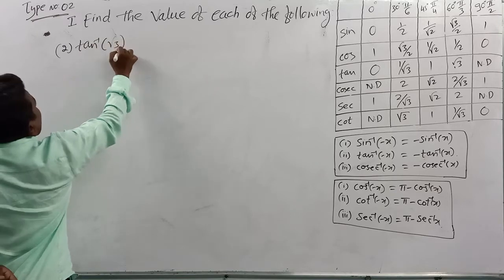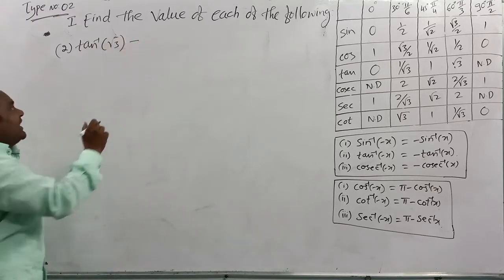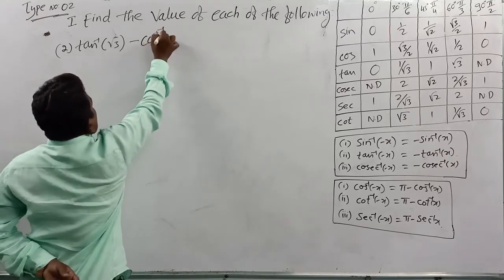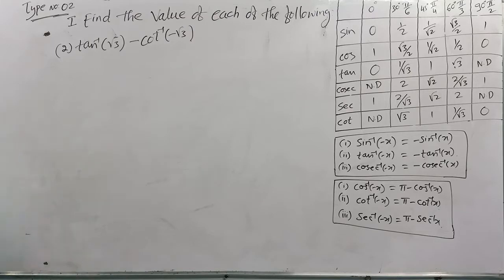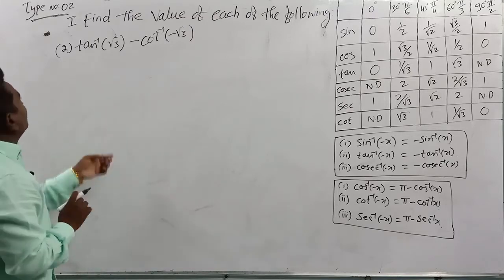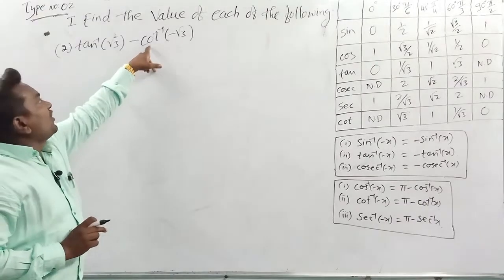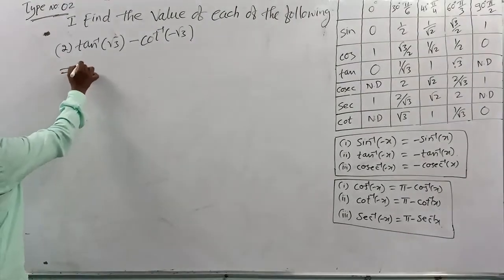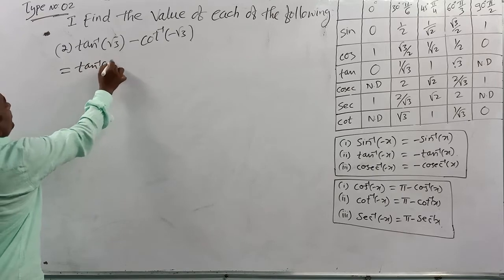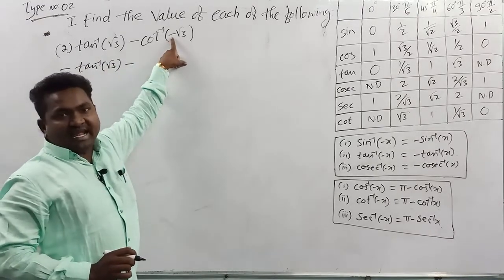Okay. Next problem is tan inverse root 3 minus cot inverse minus root 3. Now to find the value of tan inverse root 3 minus cot inverse minus root 3, this is equal to tan inverse root 3, keep as it is, and here we have to cancel out this negative sign.